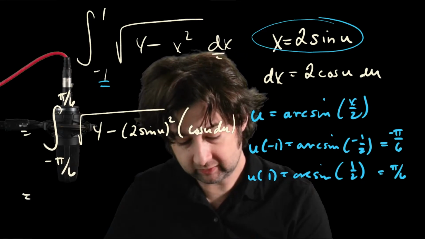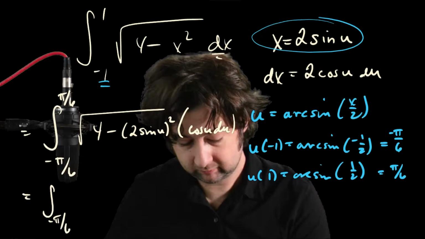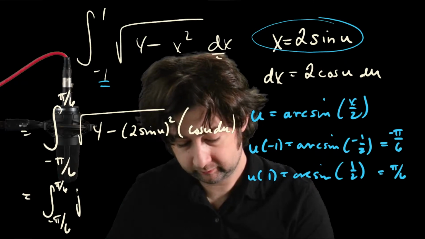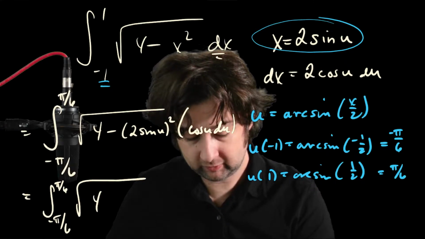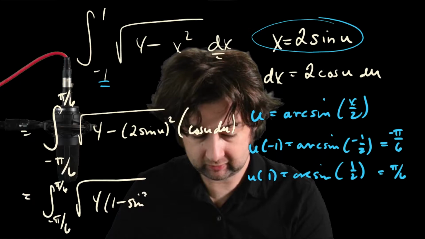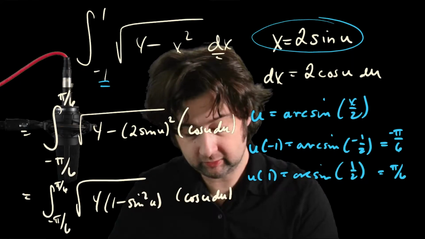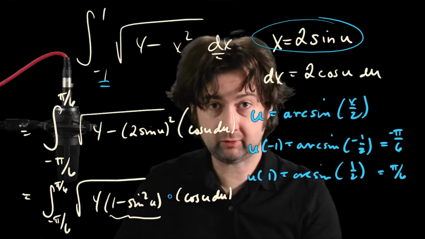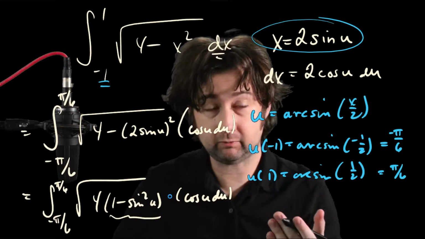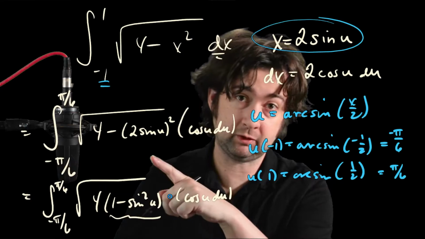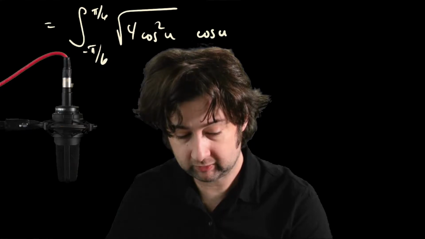And all of this is going to turn into 4 times 1 minus the sine squared of u, cosine u du. And there we get to use the Pythagorean identity to replace that with a cosine squared, which is going to get rid of the square root. The integral from -π/6 to π/6 of the square root of 4 cosine squared u times another cosine u du.